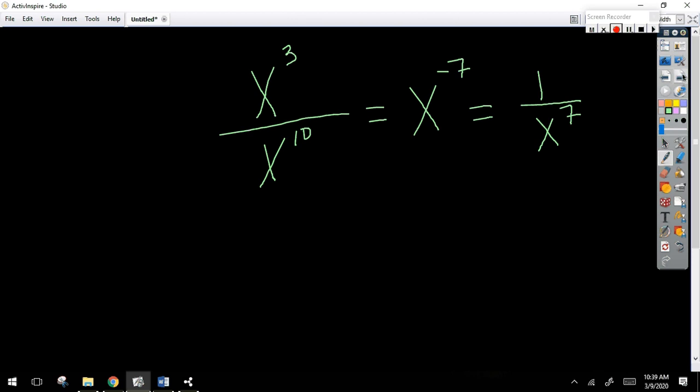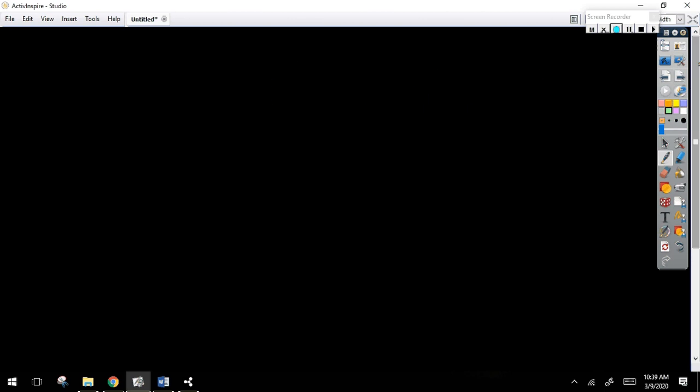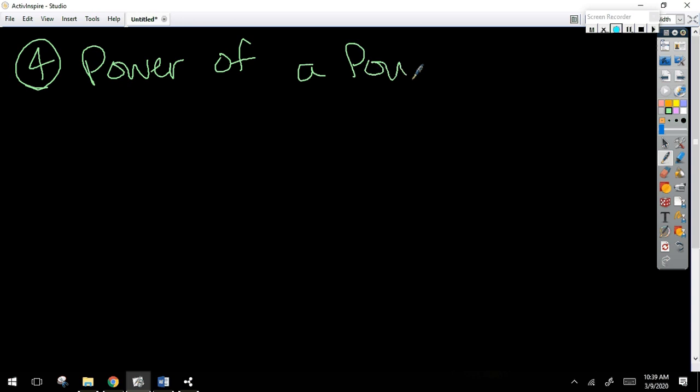All right, here we go, next one. Number 4: power of a power. This means I have something that already has an exponent on it, and I am raising it to another exponent.